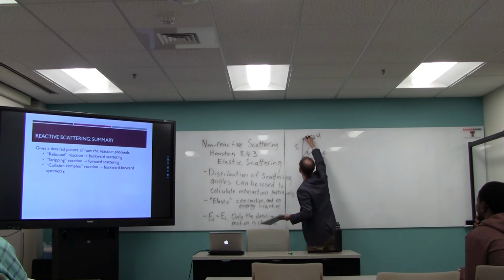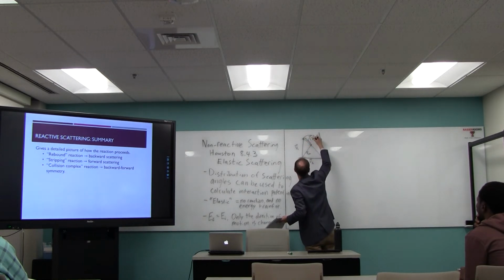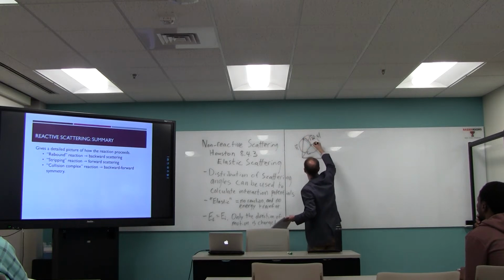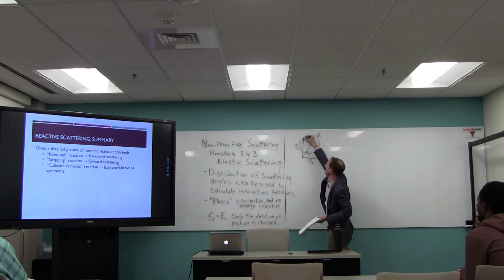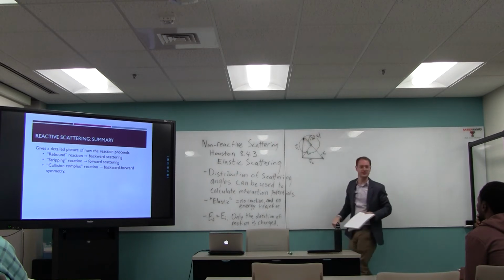So that means that the scattering product is going to be found on a Newton sphere that basically looks like this. It's just a perfect circle drawn about the center of mass with the radius of the original relative velocity.